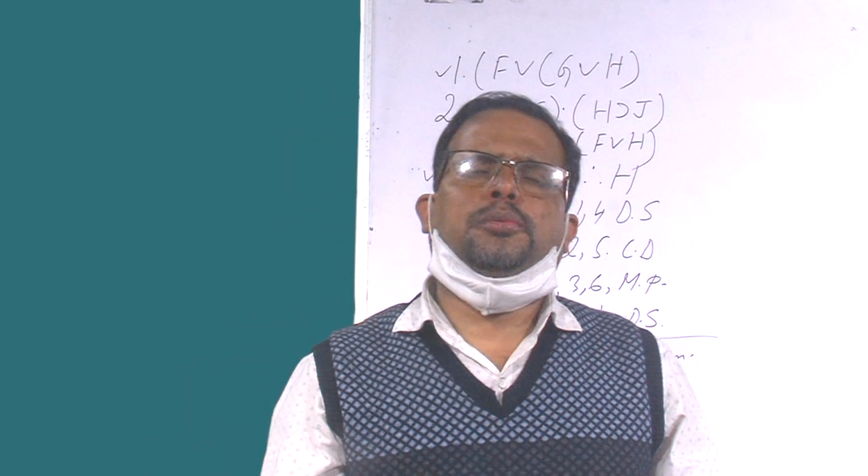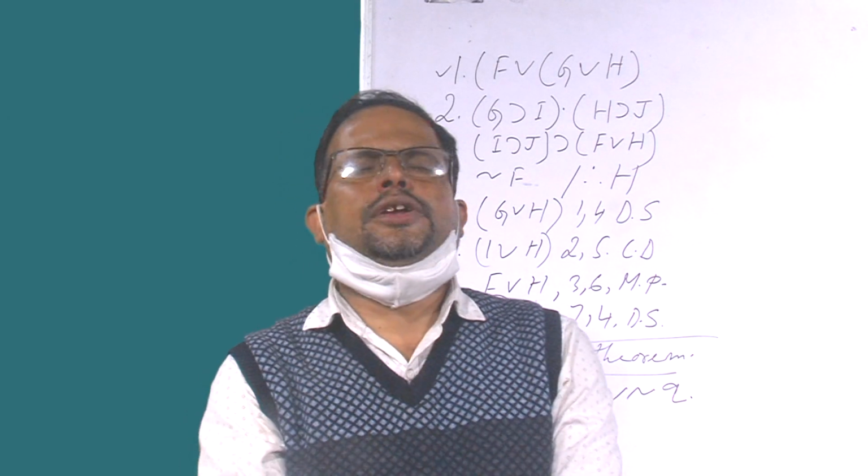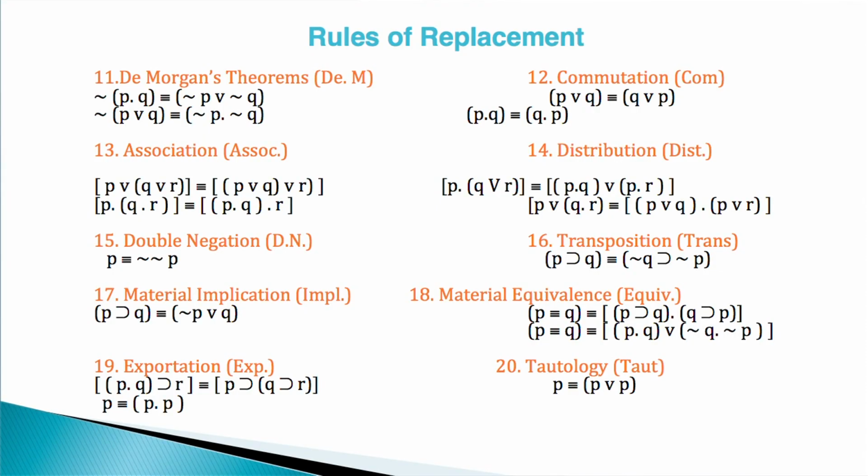Now, you have to know also the rules of replacement. In the rules of replacement, we find De Morgan's theorem, commutation, association, distribution, double negation, transposition, material implication, material equivalence, exportation, and tautology.